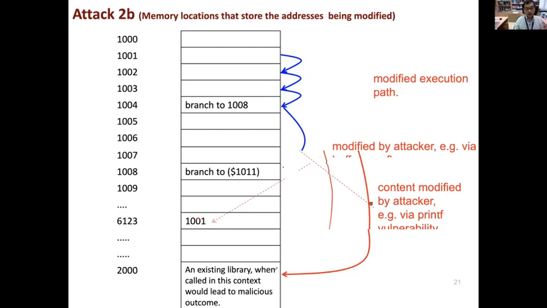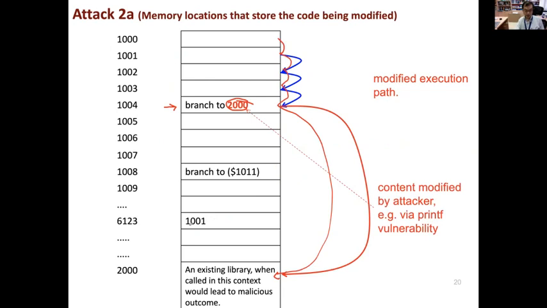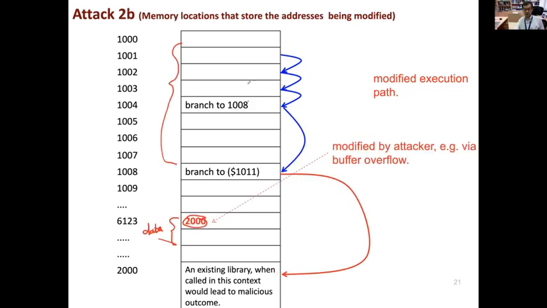The next one is that instead of modifying the code, this part is still the code, and this part is the data. So instead of modifying the code, the attacker modifies the data, changing this 1001 to 2000. So now the control flow will go from here to here, and then jump to this.